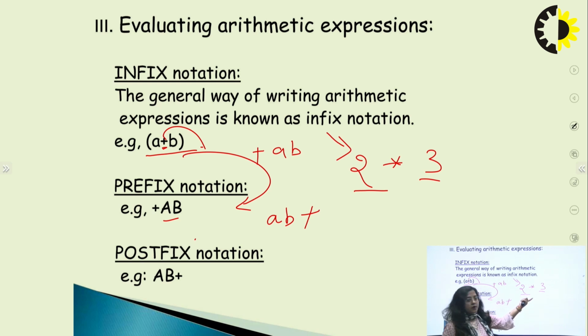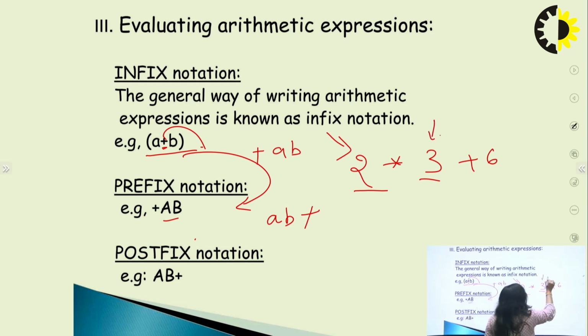The same thing here, you can also use plus 6. So this is infix notation, because the operator is used in between the operands. Now convert into prefix notation and postfix notation. How to convert it? According to prefix, first check the precedence of both operators and check which precedence is higher, then apply that.